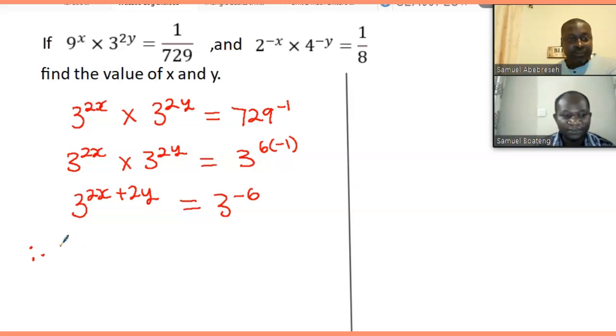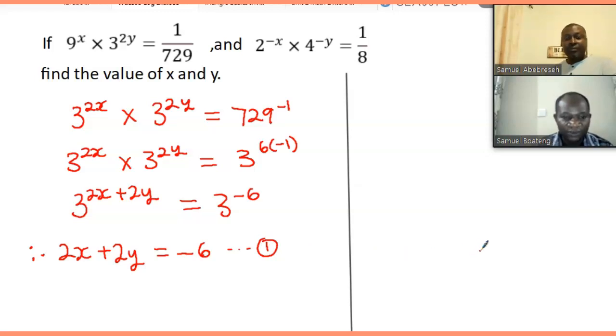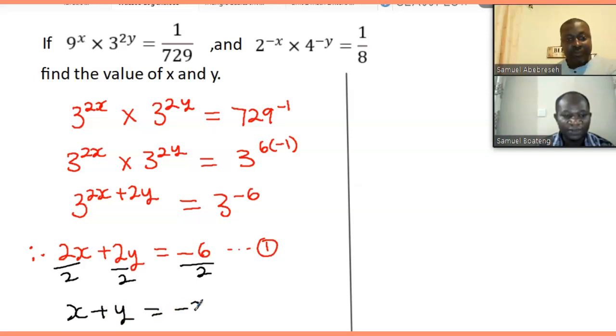This implies that 2x plus 2y is equal to minus 6. Equation 1. But we can simplify the equation. 2 can go into minus 6, so let's divide through by 2. Then we have x plus y is equal to minus 3. So that is our first equation.